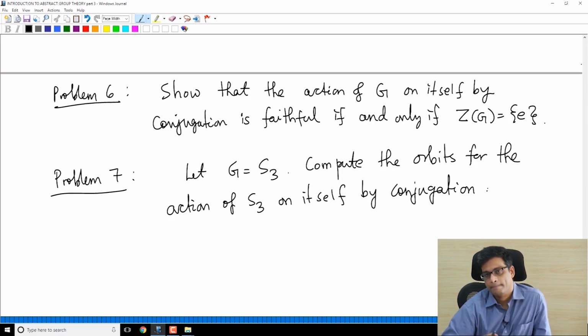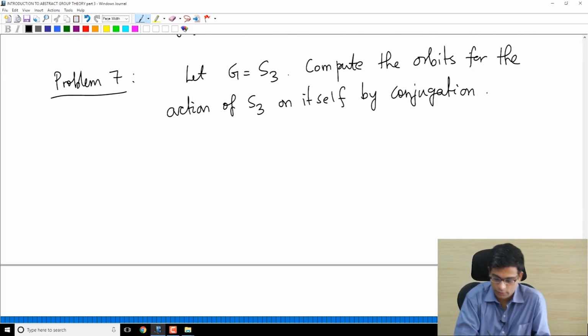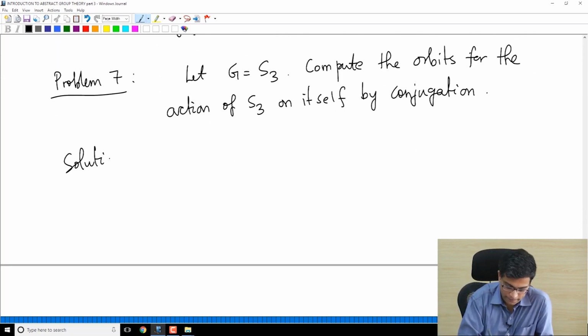Remember, for the action of S3 on itself by left multiplication, there is only one orbit, so that's not interesting, and stabilizers are all trivial. So the action of S3 on itself by conjugation is more interesting.